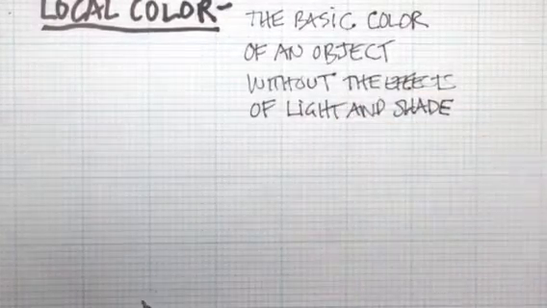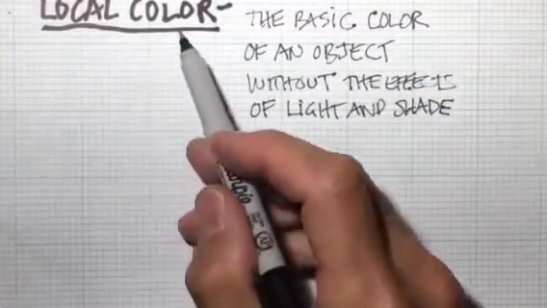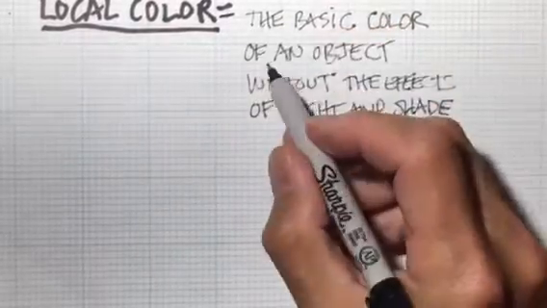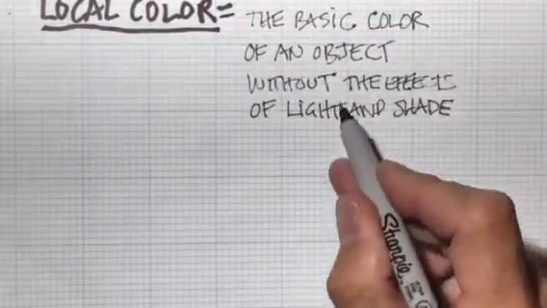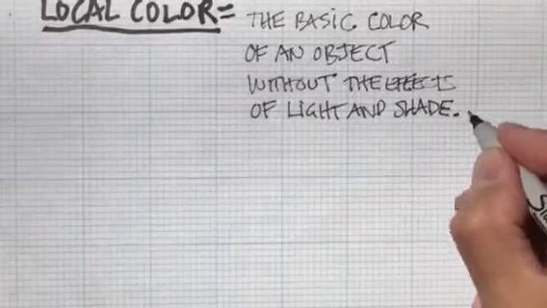This is the basic idea of it. So local color equals the basic color of an object without the effects of light and shade.